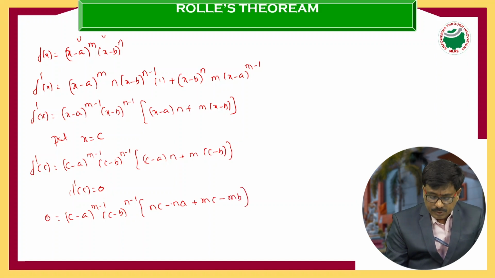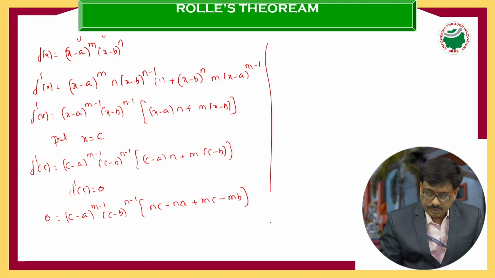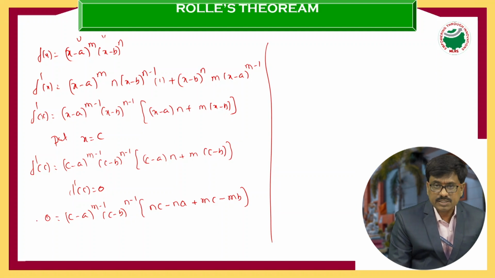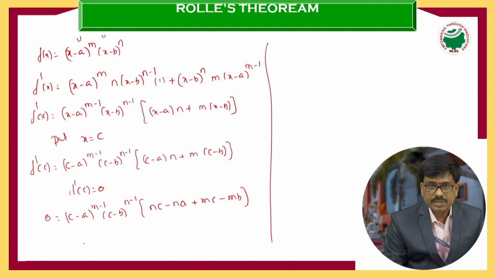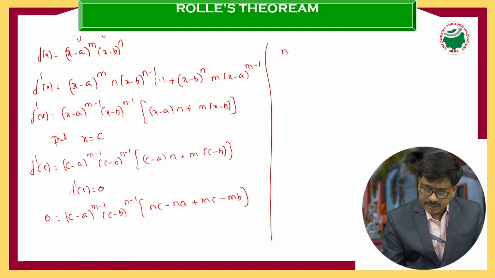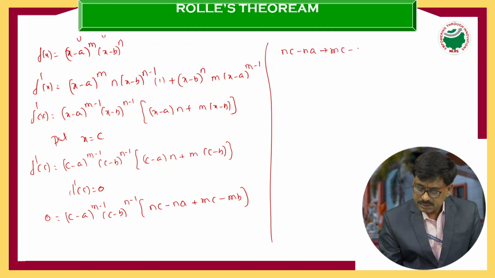This is never 0, but this value equal to 0. (c minus a) whole power m minus 1 is never 0, (c minus b) whole power n minus 1 is never 0, but this value becomes what? 0. Now look, what is remaining? nc minus na plus mc minus mb is equal to how much?